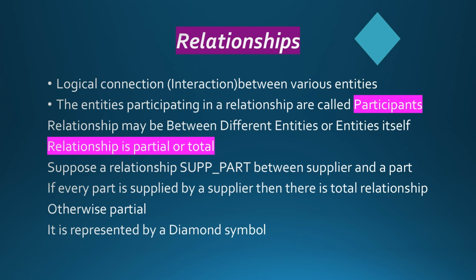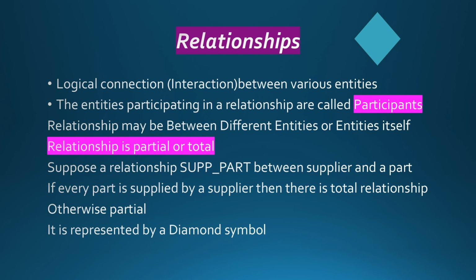Like a teacher teaches the students, so there is an association between teacher and student, and this association is called a relationship. The entities which participate in a relationship are called participants. In the student and teacher relationship, teacher and students are two entities that are called participants.